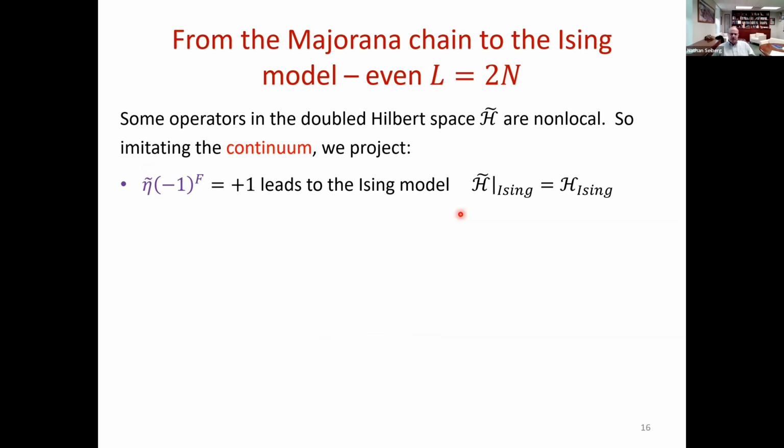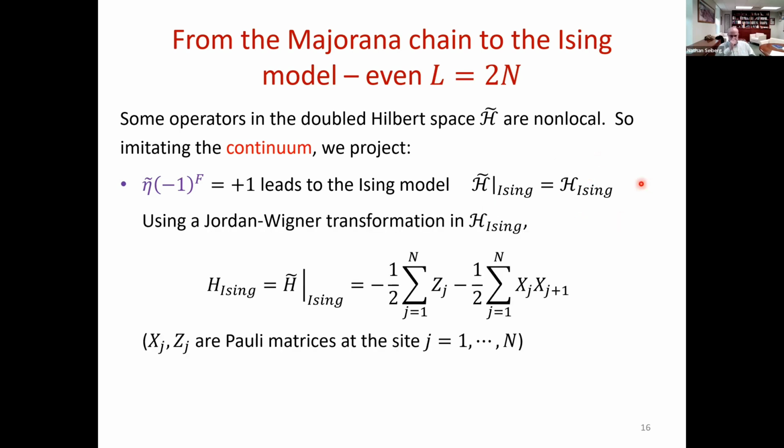So if we take the Hilbert space that we had before and we perform this projection, we find the Hamiltonian of the Ising model. And you can use a Jordan-Wigner transformation and write it in terms of X and Z Pauli matrices at the sites. Note that the number of sites of the Ising problem is half the number of sites in the fermionic problem. So this is an exact change of variables here.